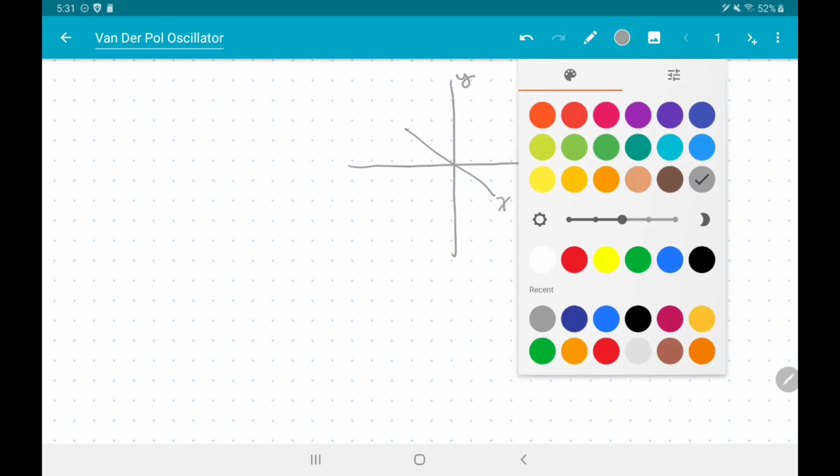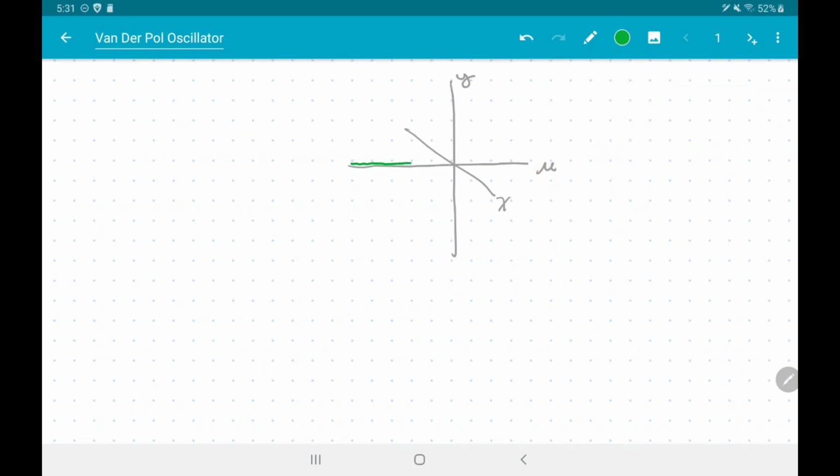So initially we had a stable fixed point at the origin, and then we had the stable fixed point change to being an unstable spiral, and around it is a stable oscillation.